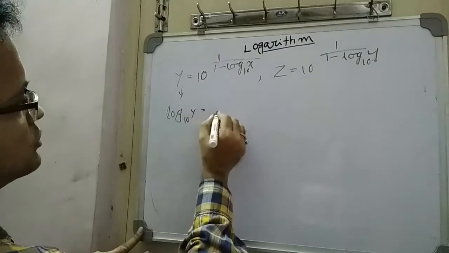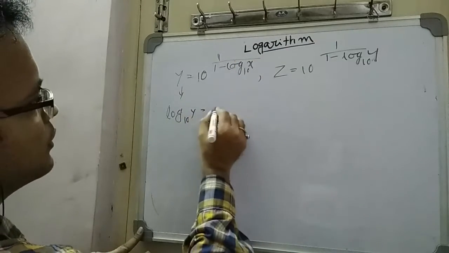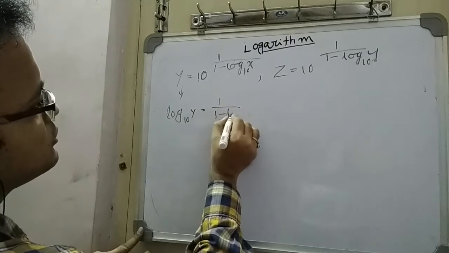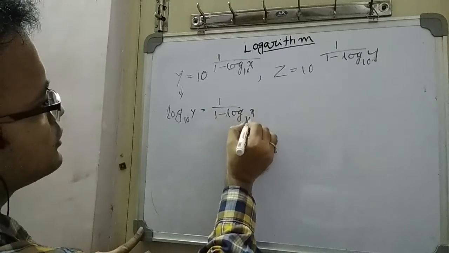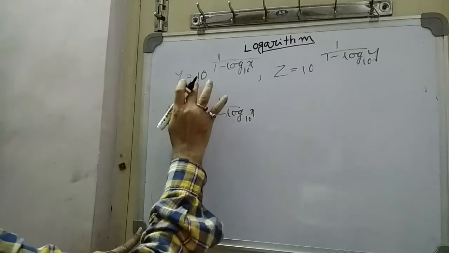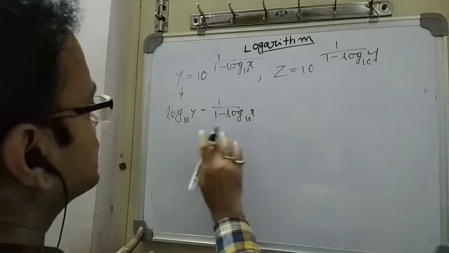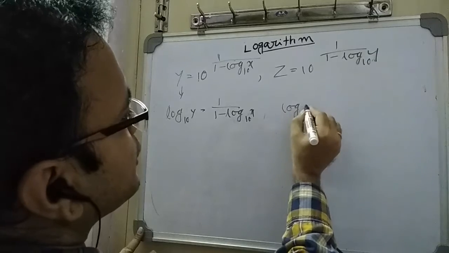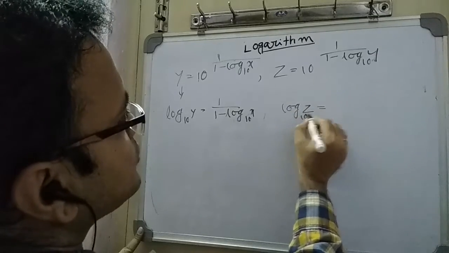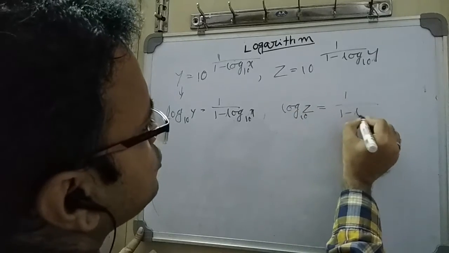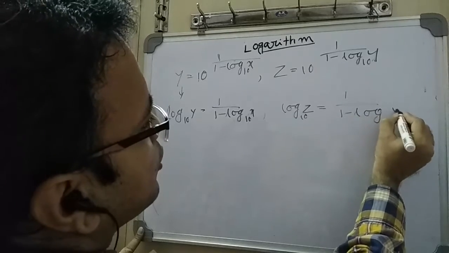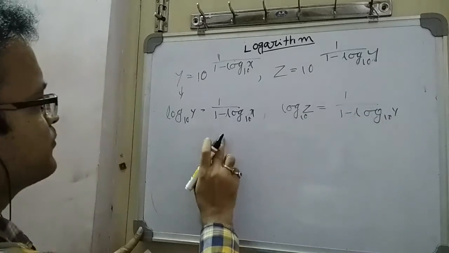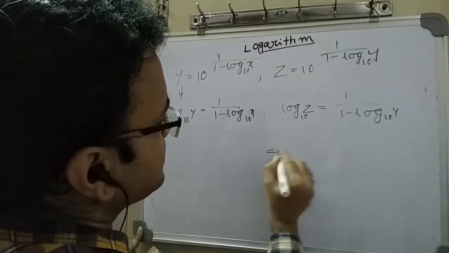So from here take log on both sides to the base 10. So this will come to the front, and log 10 base 10 will be remaining. See, this comes to the front when you take log. Now log 10 base 10 is 1, so this is remaining. Now log z also gives a similar thing, like 1 by 1 minus log y base 10. Now simply put this value here.